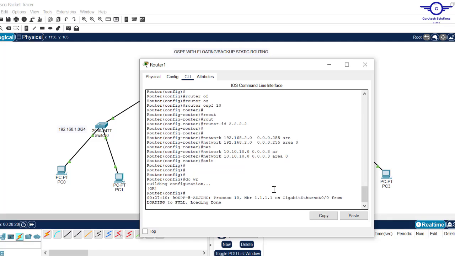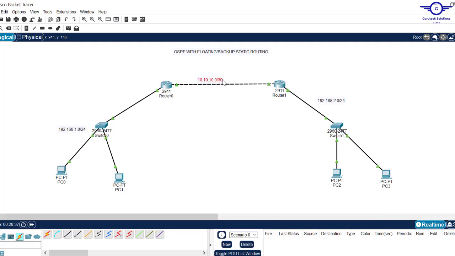You get it now? Like the 0.0.0.3, and area 0. You got that from 255 minus the subnet mask. You use this as the subnet mask, but now we want to use wildcard mask.